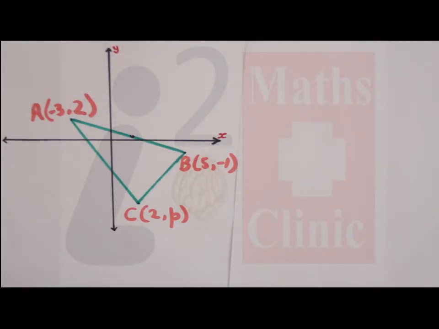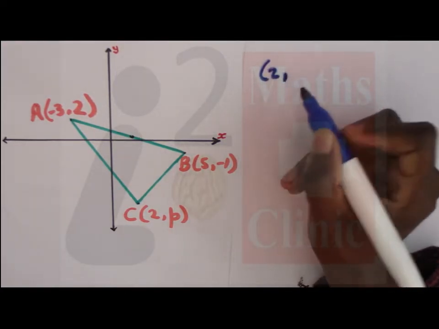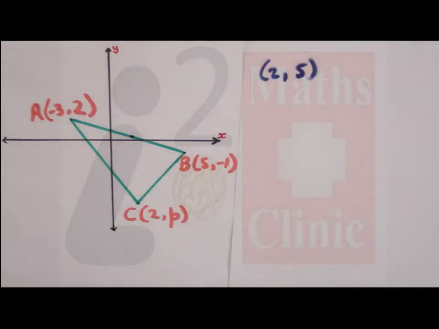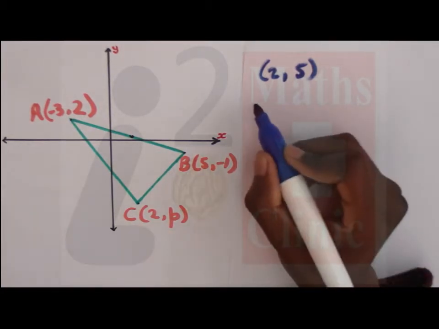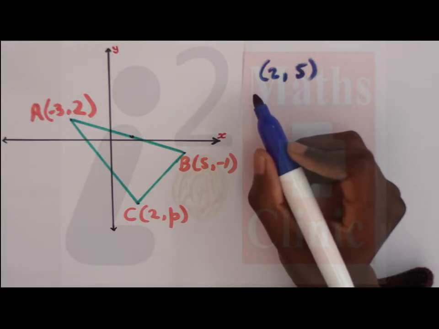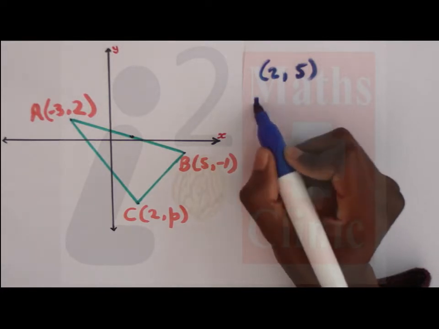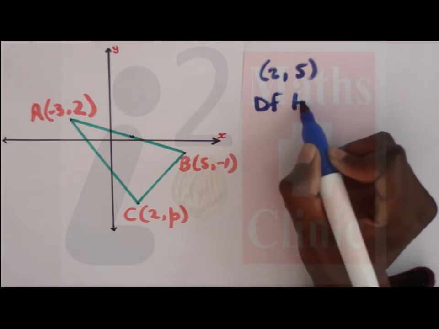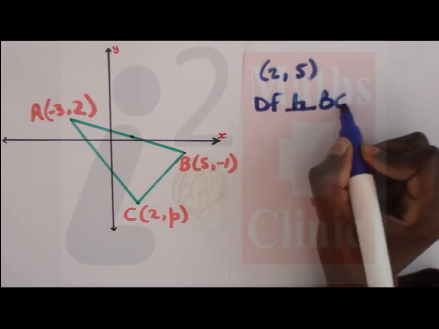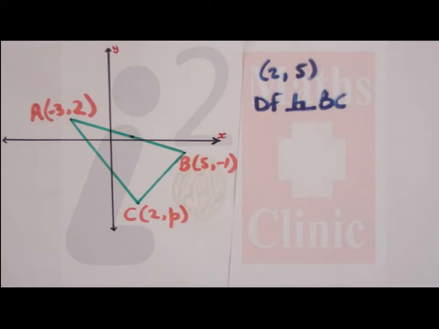Okay, now the line DF is drawn passing through the point (0, 5). This line is perpendicular to BC. So we are given that DF is perpendicular to BC. So let's find now the equation of the line.